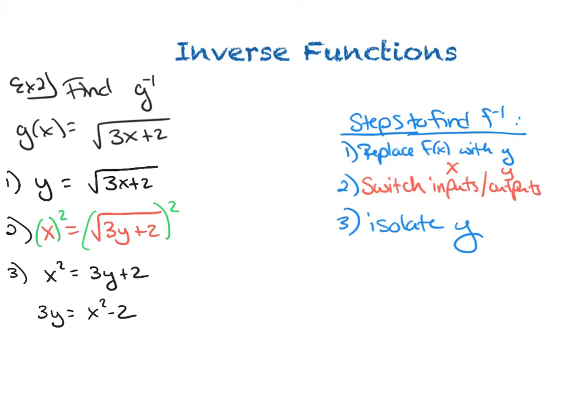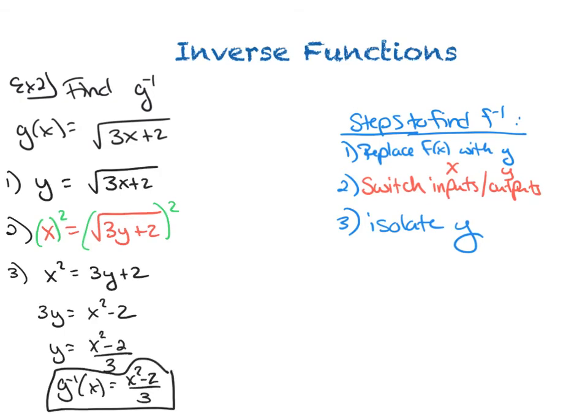And then one last step of dividing by 3, I have y equals (x squared minus 2) divided by 3, or I can write g inverse equals (x squared minus 2), all divided by 3. Okay, let's do 2 more quick examples.